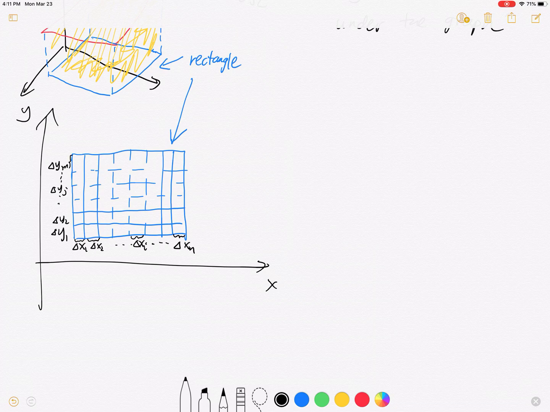So each delta yj is the size of a small rectangle along the y direction.